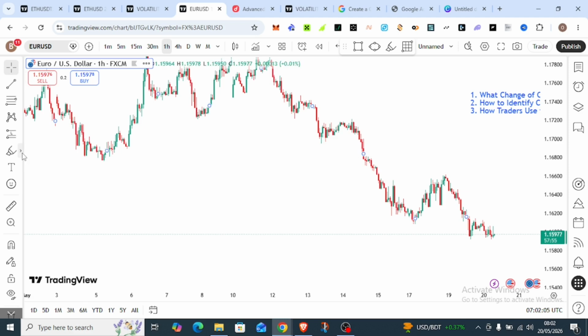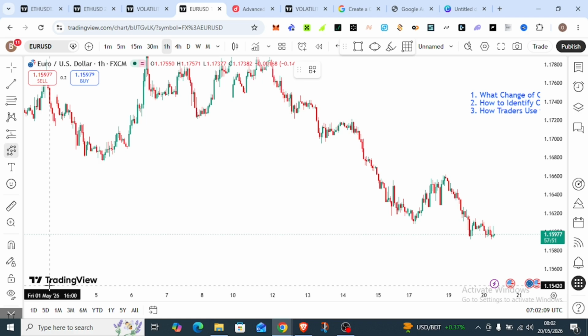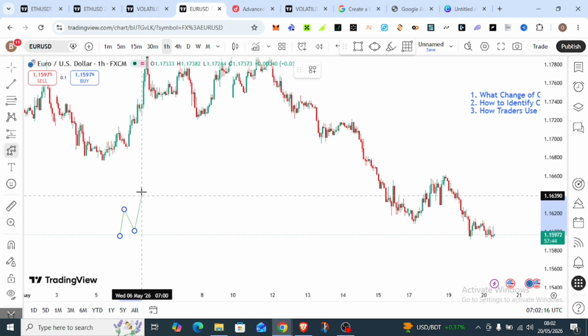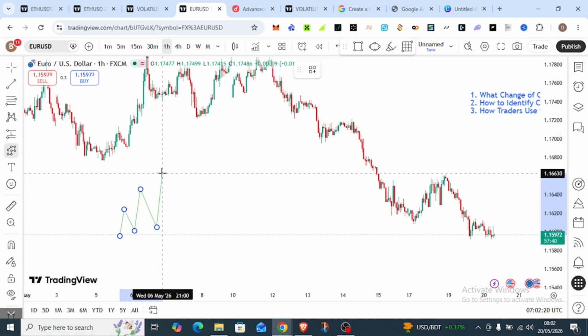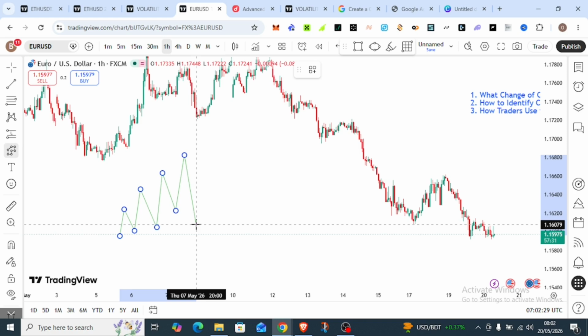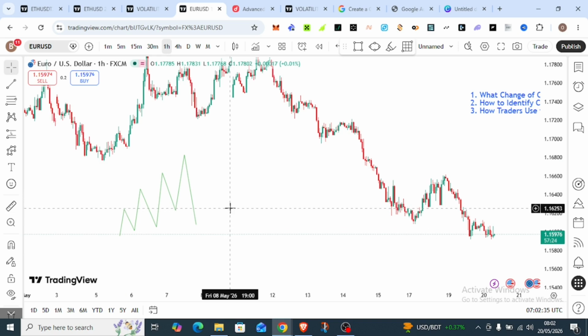If we have an uptrend where we have a series of higher high, higher low, higher high, higher low, higher high, higher low, and higher high, and all of a sudden it comes to break this higher low and close below it, we have a change of character here.